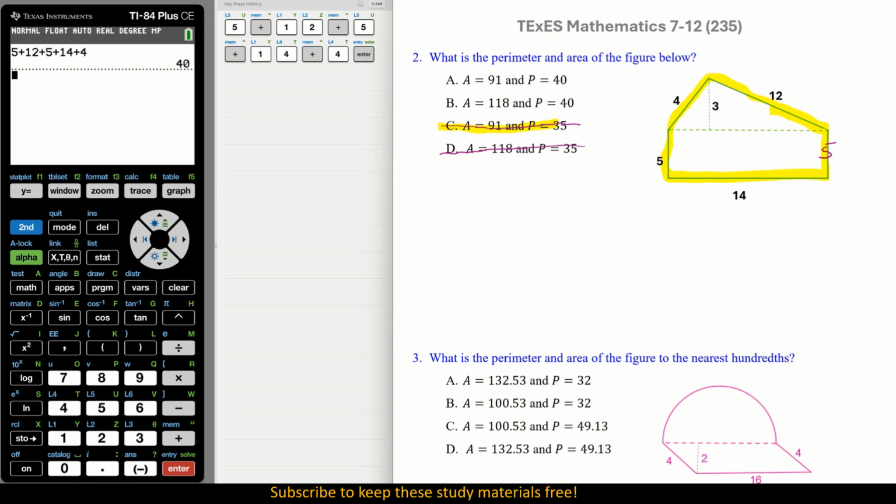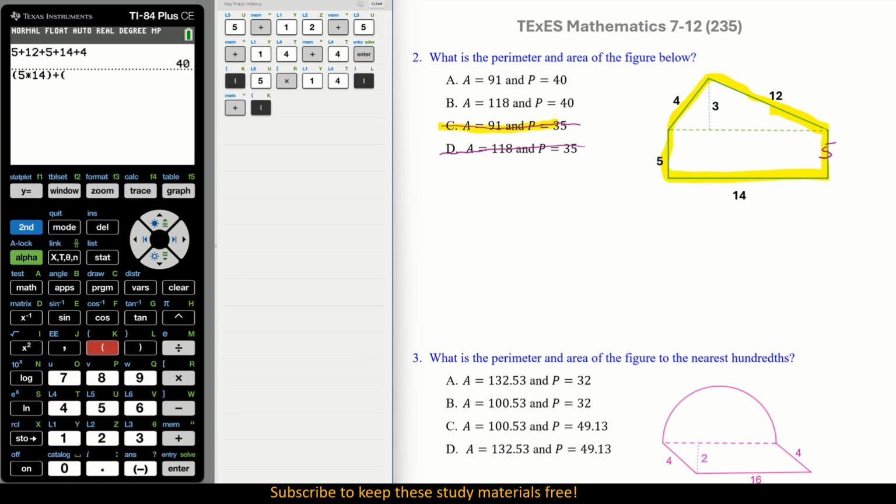Now let's talk area. The area will be the rectangle plus the triangle. So let's go ahead and just do this in parentheses. That gives us 5 times 14, close your parentheses and add, parentheses again. And then what do we have?